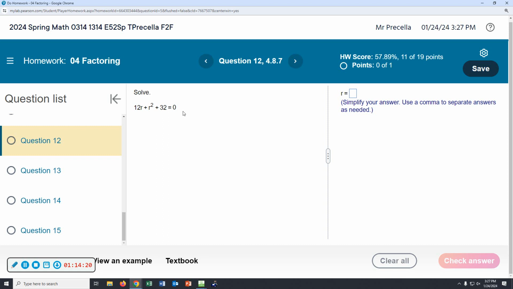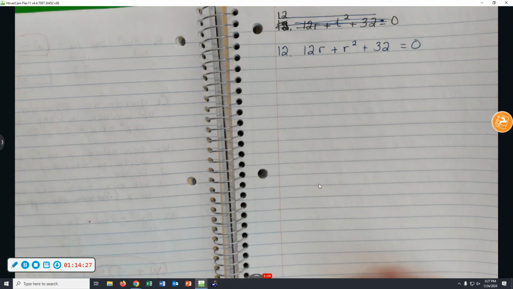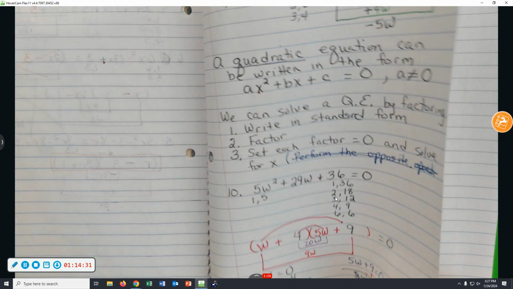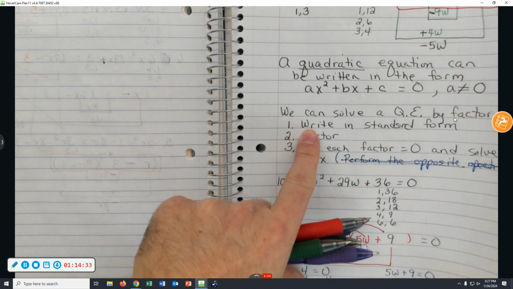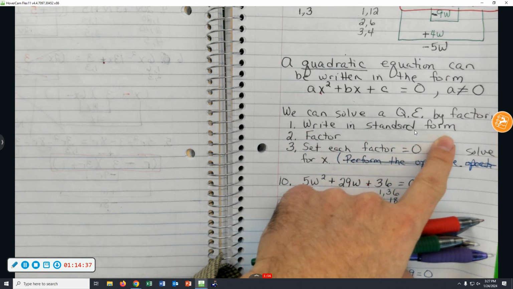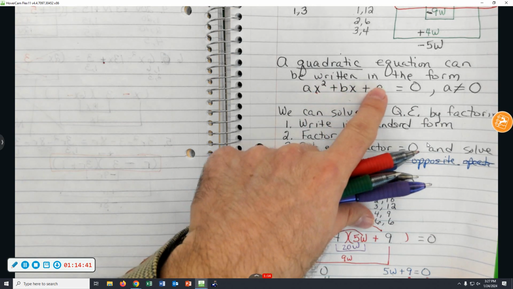Okay? Do I need to flip back to look at this? Wait a minute. Let me lift this up so y'all don't see that. But let him see the steps. To solve a quadratic equation, you've got to make sure the equation's written in standard form. That's the first step. So r squared, r, constant.